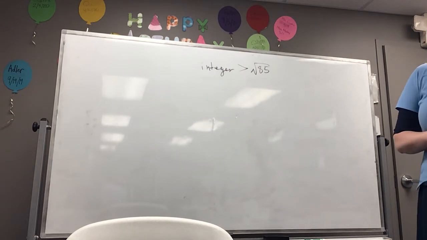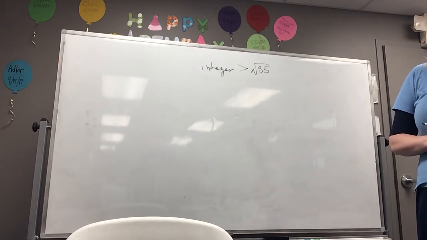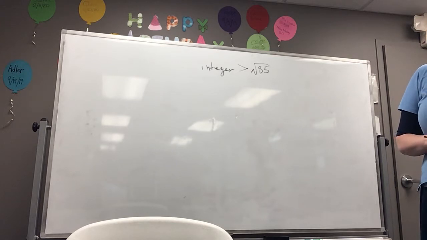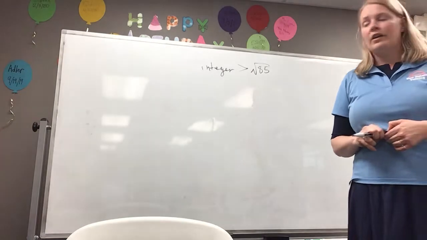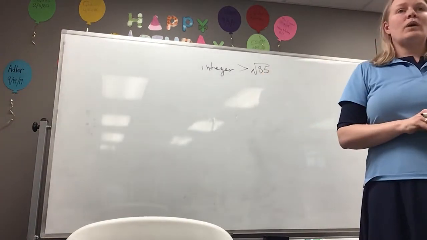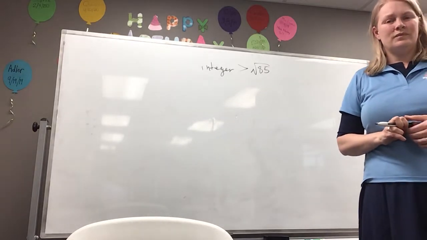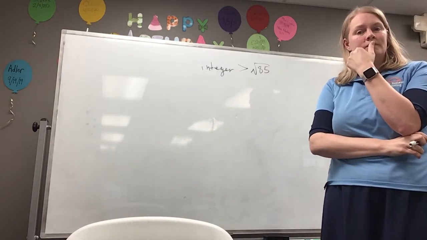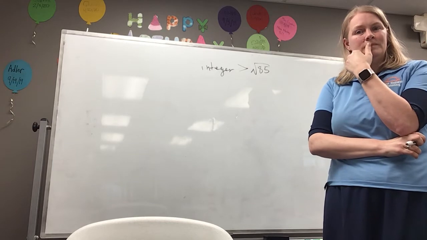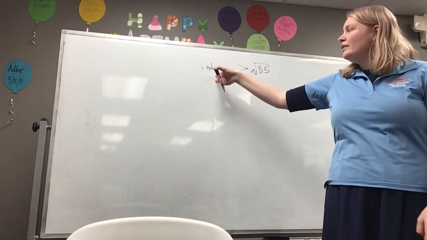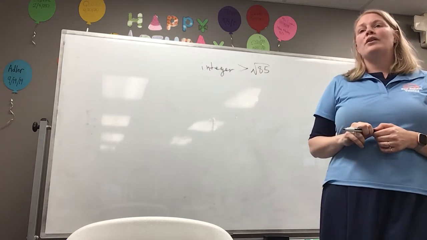You can run it through the calculator, or you can be familiar with your perfect squares. Both of them are okay. So, if you want to go for the calculator route, what is the square root of 85? 9.21. Okay, so what is the next integer that is greater than that?